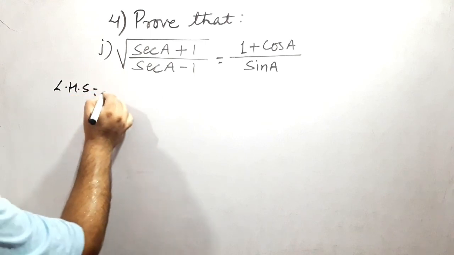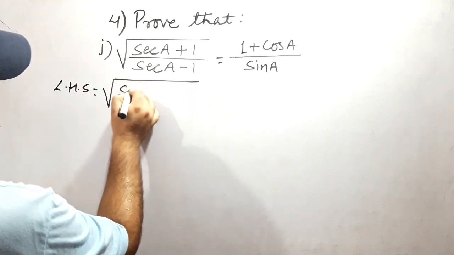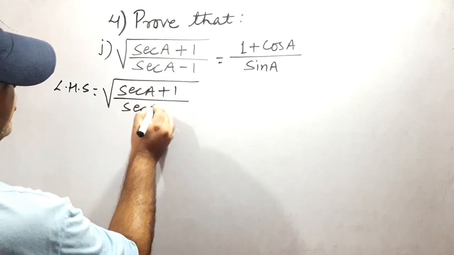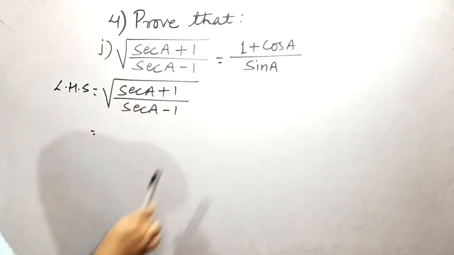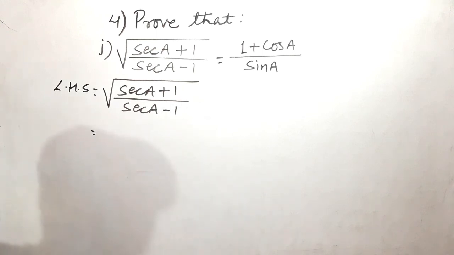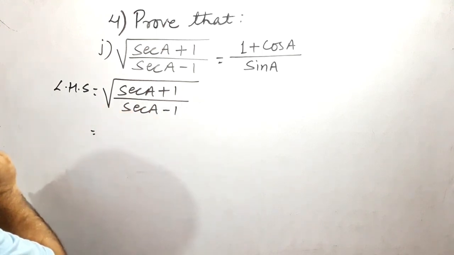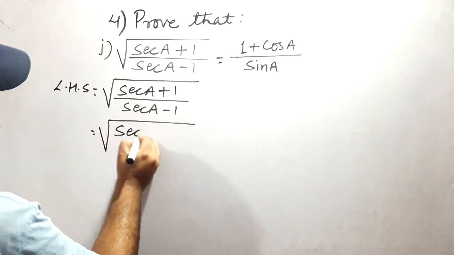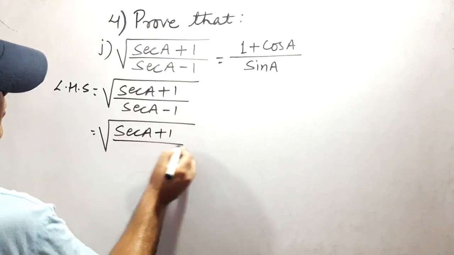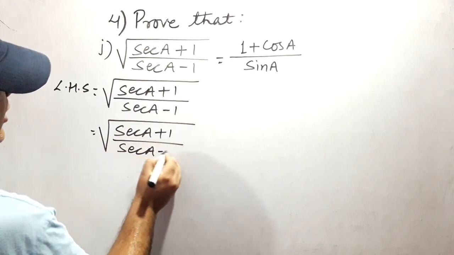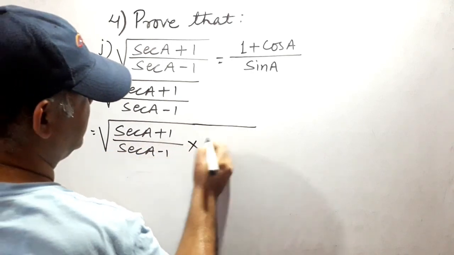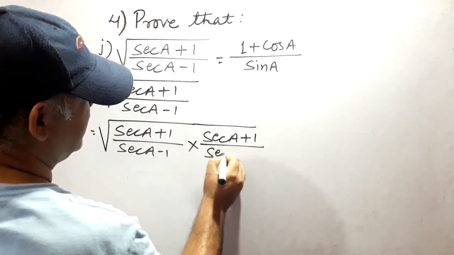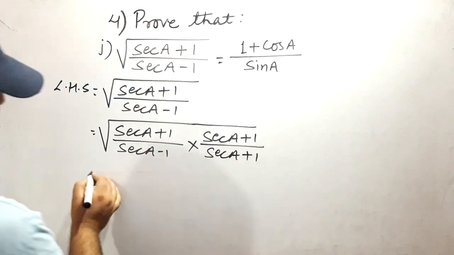On the left hand side we have root under (sec a plus 1) by (sec a minus 1). Now multiplying the numerator and denominator with the conjugate of sec a minus 1, it is sec a plus 1. So (sec a plus 1) by (sec a minus 1) into (sec a plus 1) by (sec a plus 1).